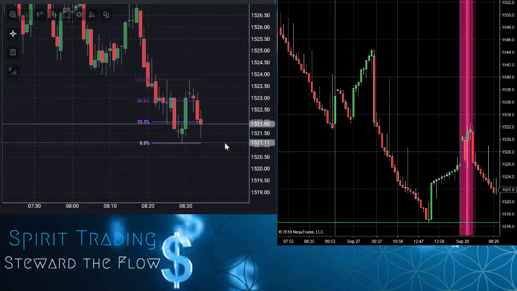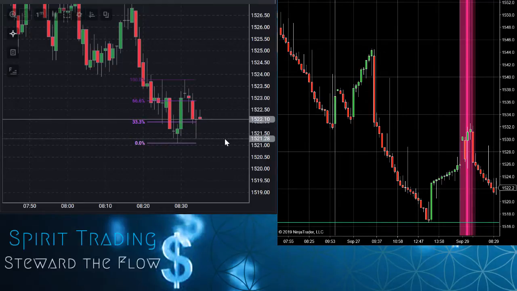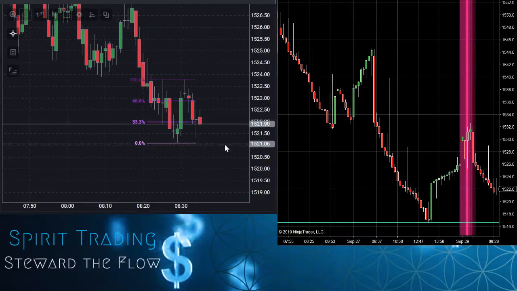Or maybe gets within a tick or so. I would say if it breaks this low, then I would look for it to break downwards.